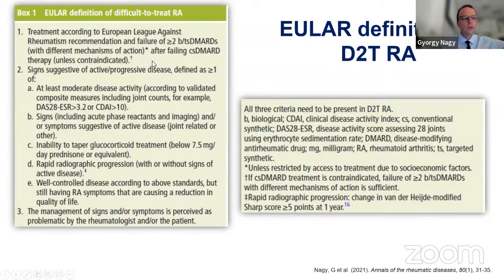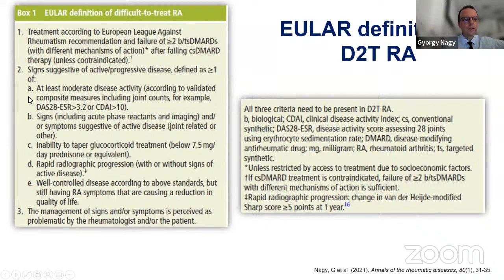The patient should be over at least 2 biological or targeted synthetic DMARDs with different mechanism of action after failing conventional synthetics. It's important to emphasize that in case any of these medications are contraindicated, then that particular criterion is not applicable. There might be medical or socioeconomic reasons, or the medications might not be available for any other reasons.